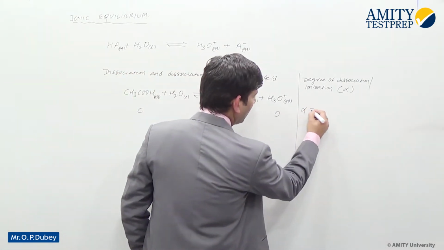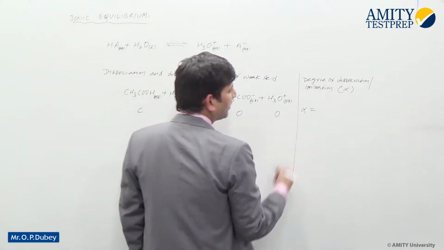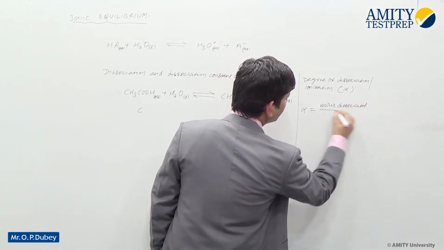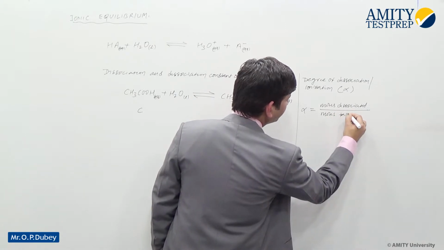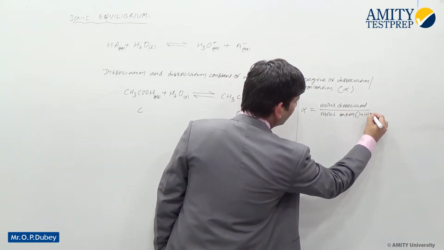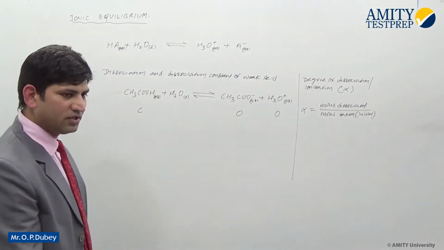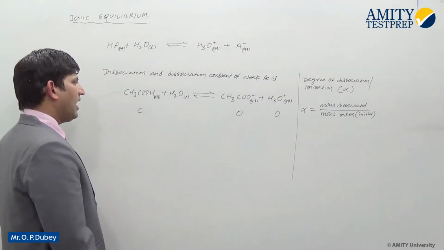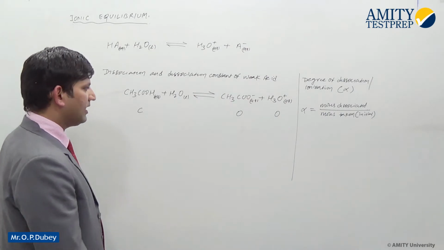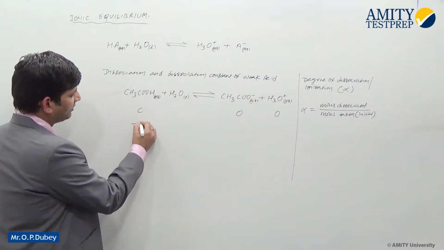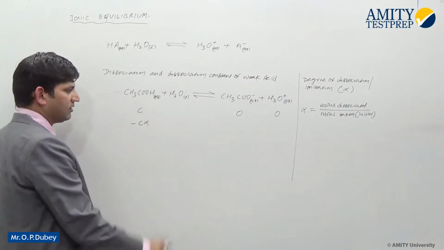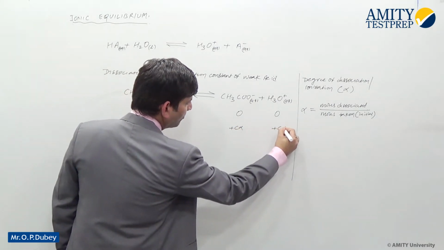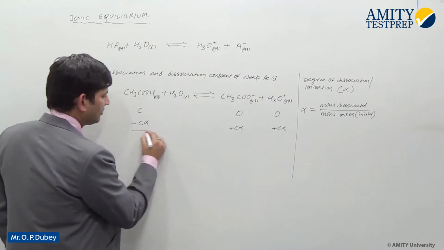Then we can also say alpha, the degree of dissociation, is equal to the moles dissociated upon the moles taken initially. Now if the concentration of acetic acid is C moles per liter, and the degree of dissociation is alpha, then C alpha is dissociated, and the acetate ion formed in the solution is C alpha, and the H3O positive ion concentration is C alpha.